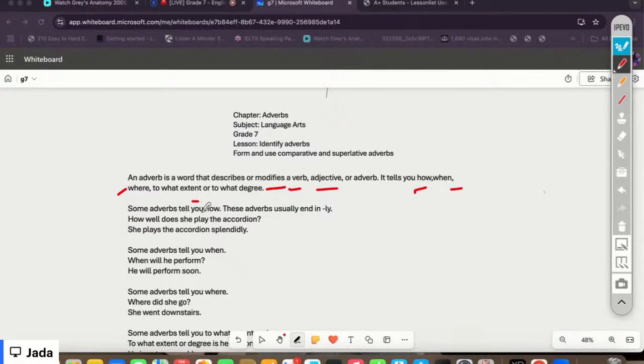Some adverbs tell you how. These adverbs usually end with ly. So the ones that tell you how, they end with ly.